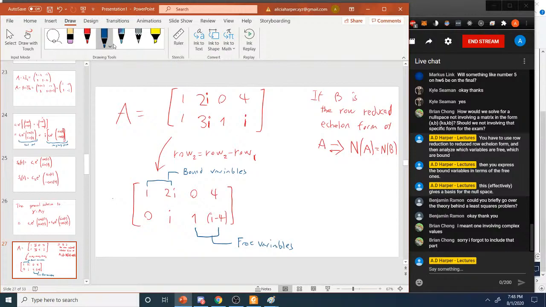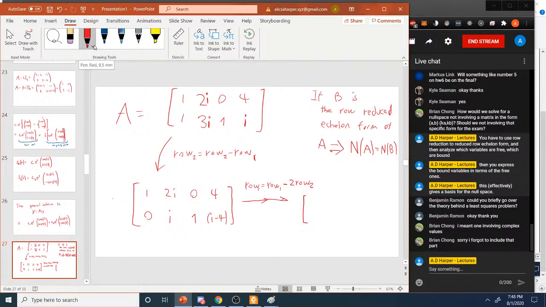Oh wait, I'm sorry, I'm being an idiot. This is not row-reduced echelon form just yet. I have to do one more operation. So the other operation I'm going to do is set row 1 to be equal to row 1 minus 2 row 2, because I have to cancel this.